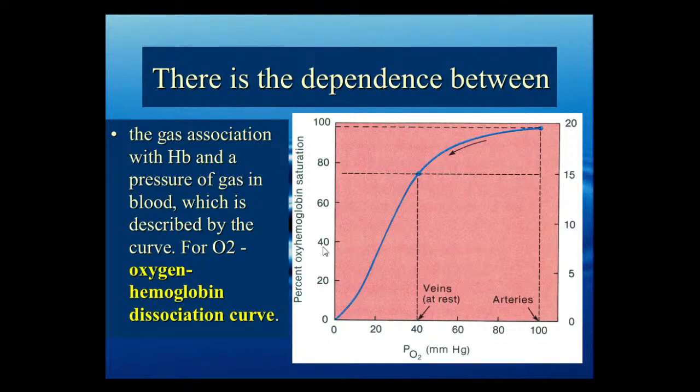The curve describes dependence between partial pressure of oxygen in lungs and the percent of oxyhemoglobin, percent oxyhemoglobin saturation. This curve we name as oxygen hemoglobin dissociation curve.